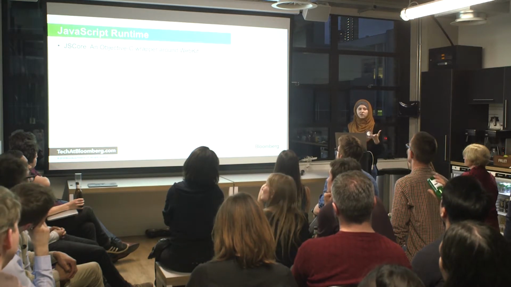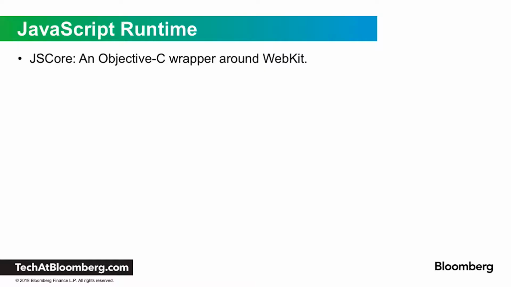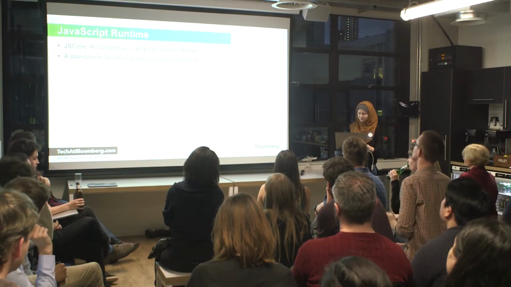This is how you execute JavaScript in iOS, essentially. And yes, it is a standalone JavaScript execution environment. We're not dealing with any web views, any sad reminders of the days of Titanium and PhoneGap and what have you. This is what really makes things work really fast and gives you some great performance.